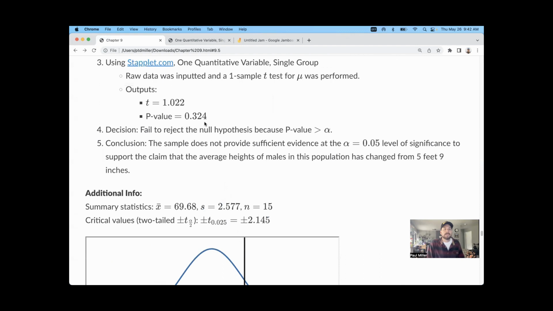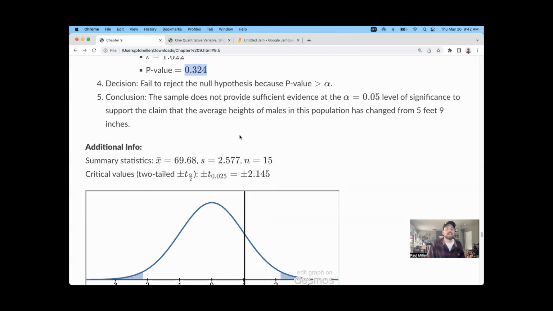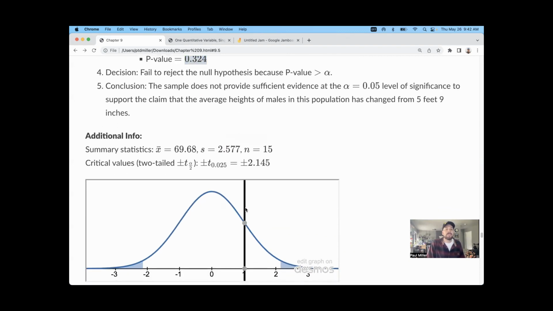So this decision: the p-value is bigger than alpha. We see this 32% p-value that's more than 5%. That p-value would be if you shaded to the right of this and doubled it to reflect across. So you have about 16% on this side, 16% on this side, 32% total.